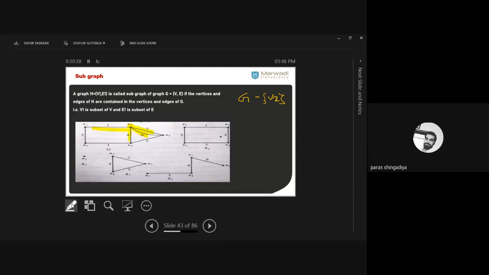Clear? And the remaining part is this one: V1 to V2, V2 to V4, and V5 to V3 to V5. This red line will be the remaining graph. This red line will be the remaining set in this graph. That is also a subgraph. After deletion of the vertex, that is also a graph.